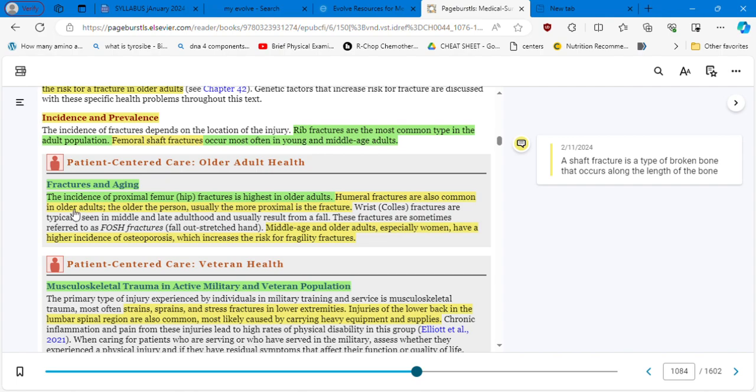Fractures and aging. The incidence of proximal femur hip fractures is highest in older adults. Humeral fractures are also common in older adults. The older the person, usually the more proximal is the fracture.